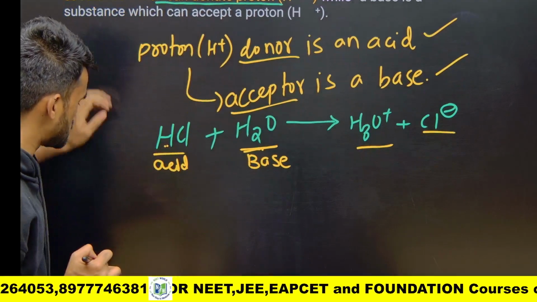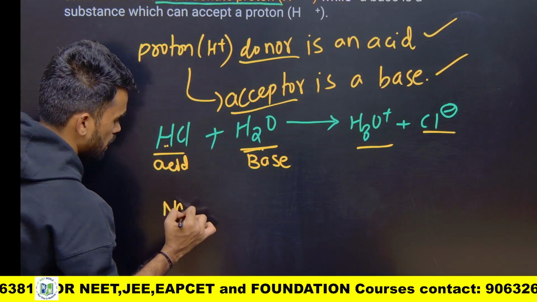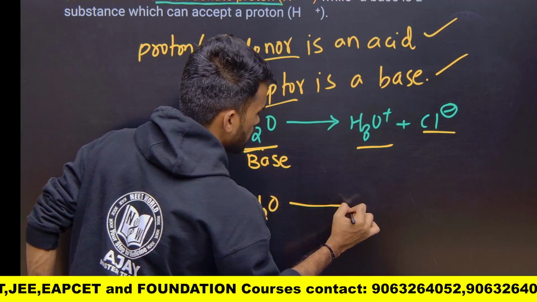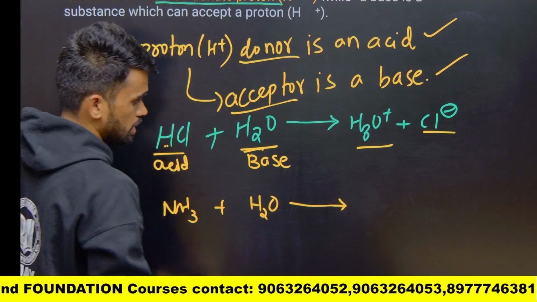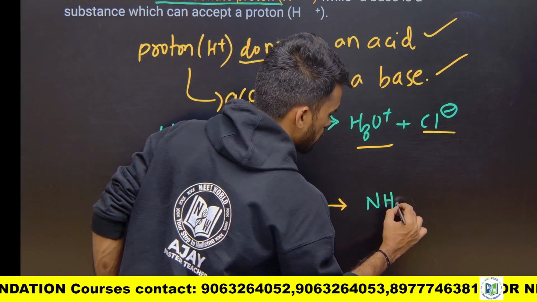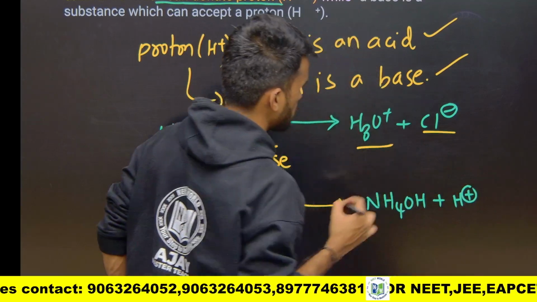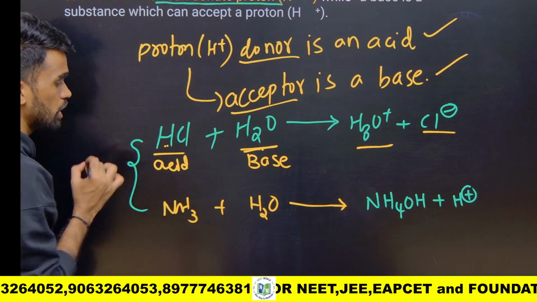Now one more example I am giving here. Now ammonia I am writing, again with water only. So here I am writing ammonium hydroxide plus H plus. Why have I written this? Because there is one thing you need to observe here.